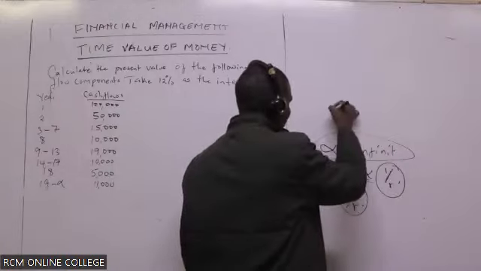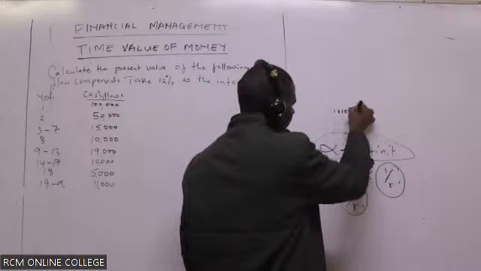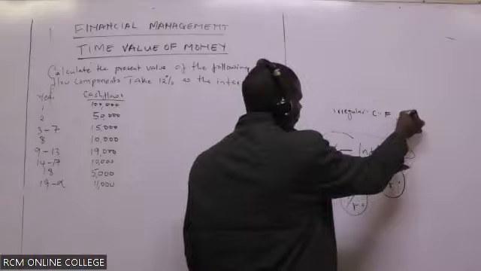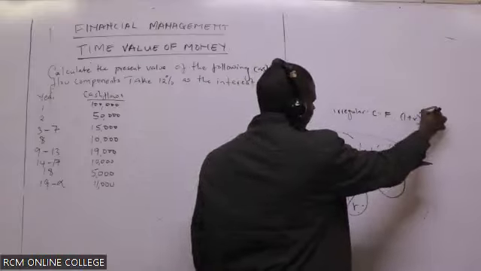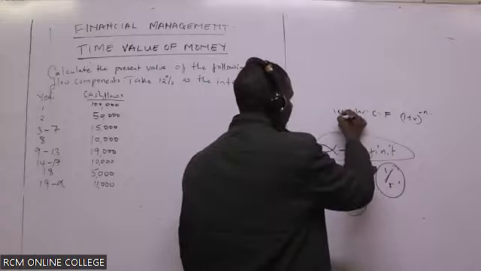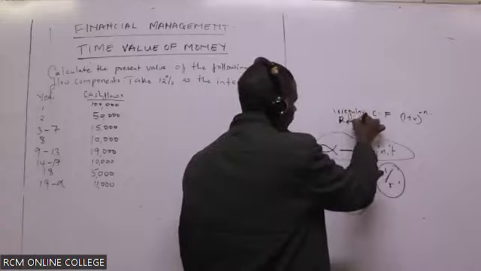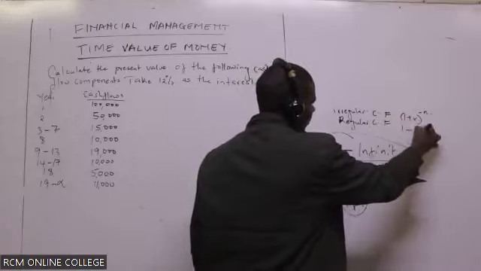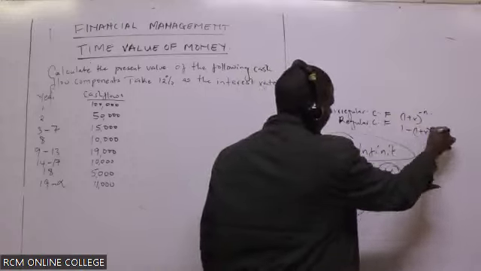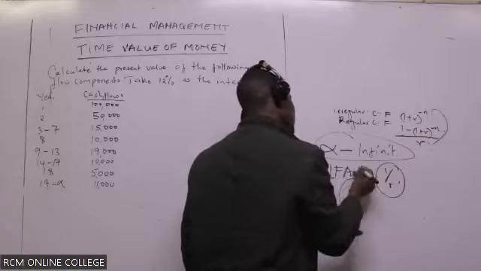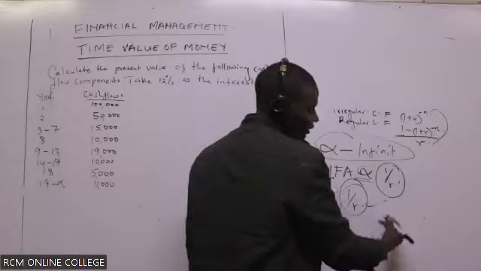For irregular cash flow, we say it is 1 plus r raised to negative n. And for regular cash flow, the formula is 1 minus 1 plus r raised to negative n, all divided by r. So for infinity this is 1 over r, just that.